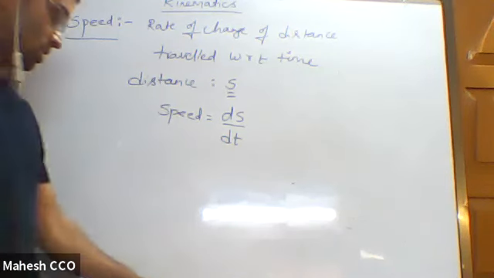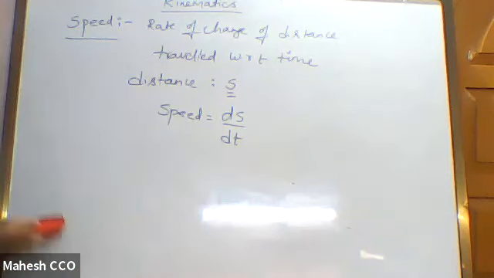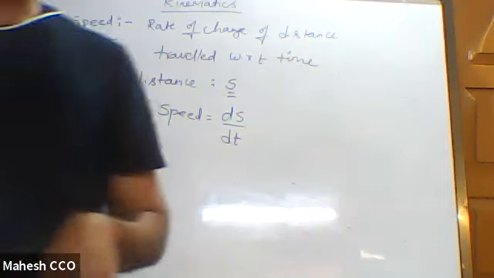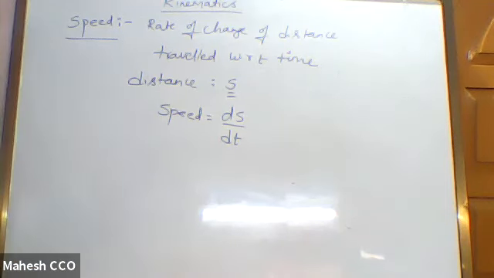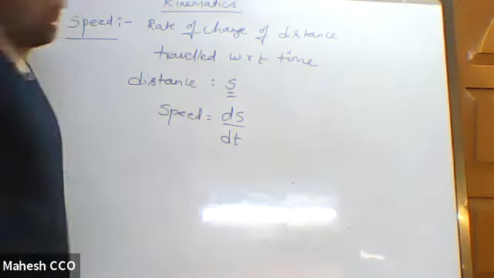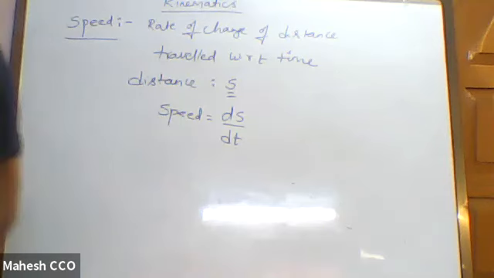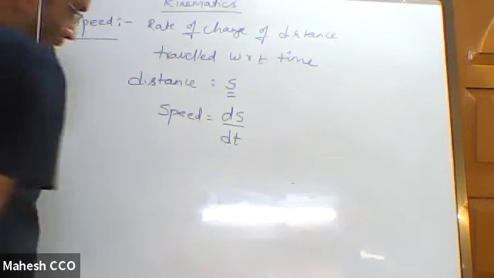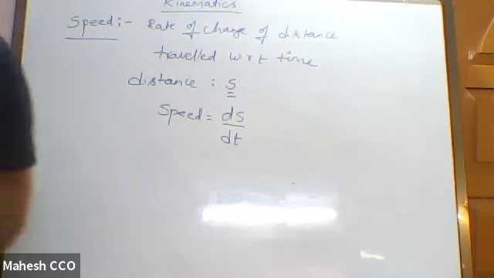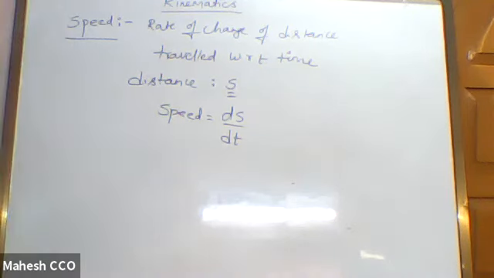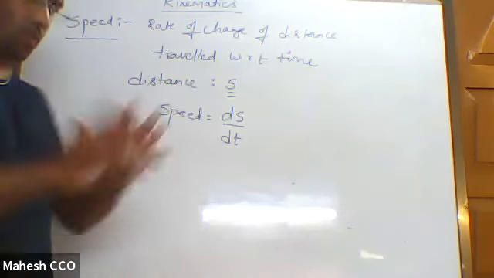Now, the next thing, here itself we have to spend some time. If speed is the rate of change of distance traveled with respect to time, then what is actually distance by time? That sometimes, before 10th standard, you learn. That is not really speed, it is called average speed. Suppose you take an interval of time.